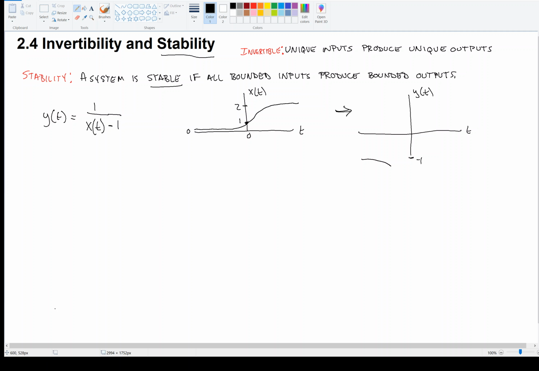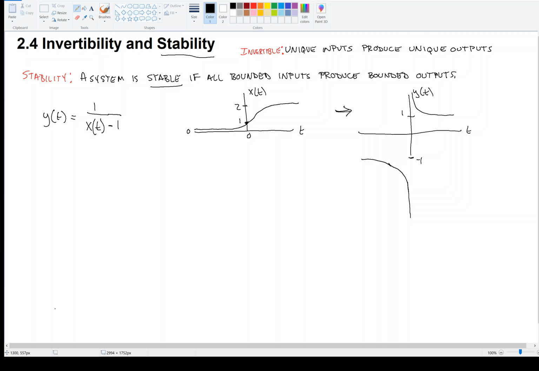Okay, it's actually going to approach minus infinity. It's going to go like this. Something like this. And then when this signal approaches 2, this is going to approach 1. Okay, so this is what the output would look like.